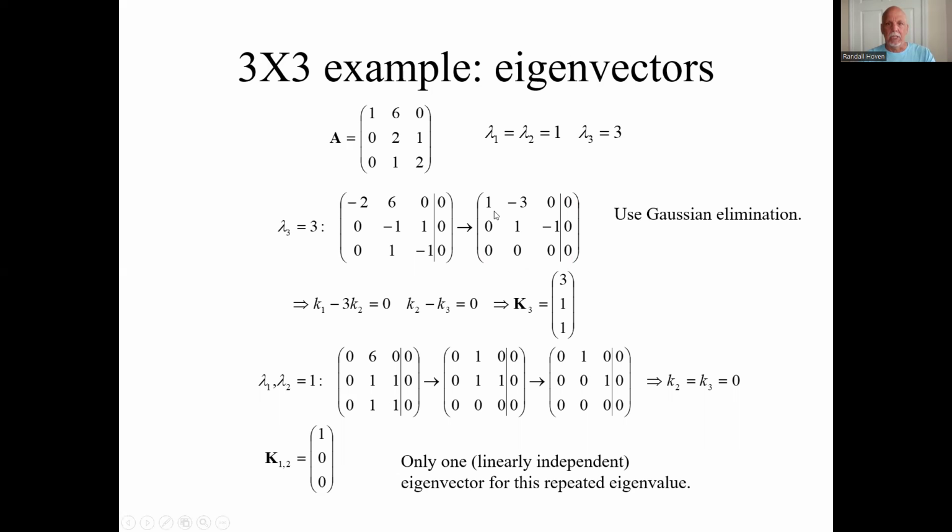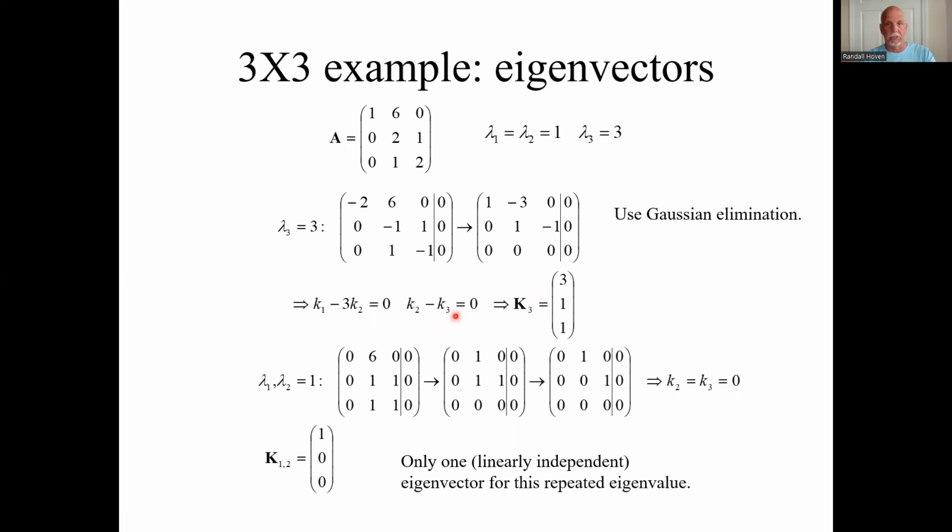And what does this mean? This means little k sub 1 minus 3k sub 2 equals 0. And the second equation means k2 minus k3 equals 0. I can pick some whole numbers, and this will satisfy it, right? k1 equals 3, 3 minus 3 equals 0, and 1 minus 1 equals 0.